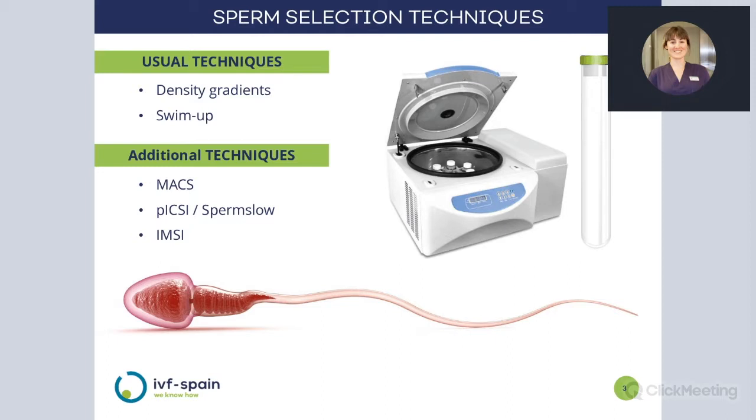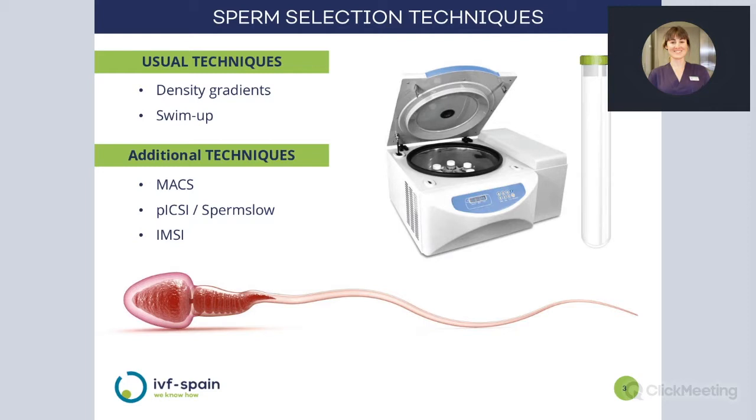So the technique consists in having an ICSI dish which is coated with hyaluronic acid. Mature sperm cells will be able to bind to this hyaluronic acid, whereas the sperm cells which have not undergone this maturation process, this molecular process, will be moving around freely. So it will give us a hint to distinguish these two kinds of cells, and it will help us select the best sperm cell for fertilization in the laboratory.